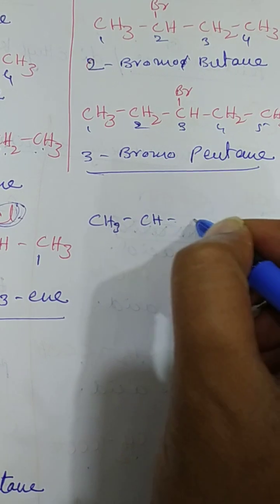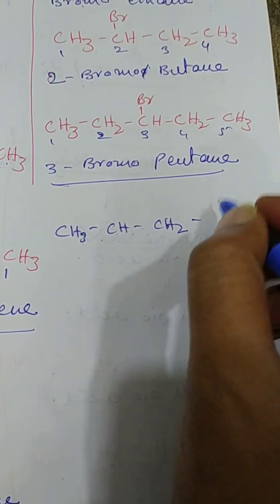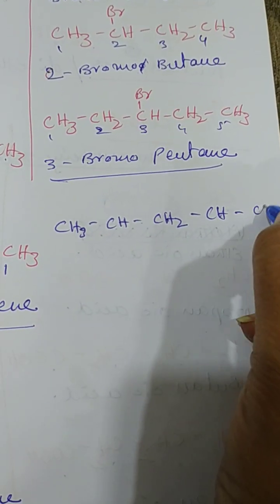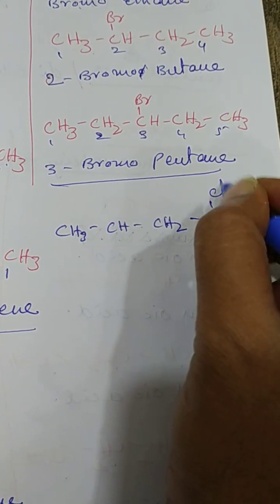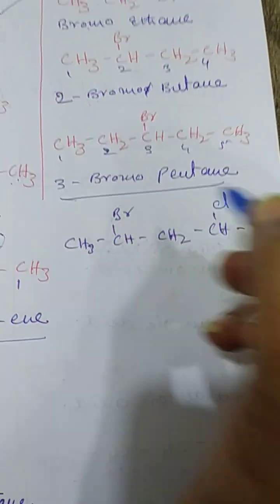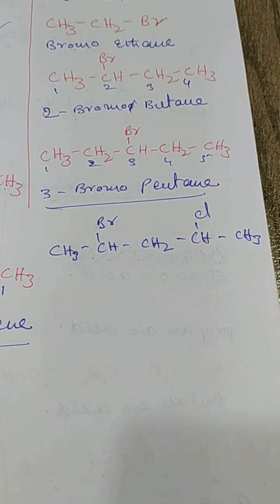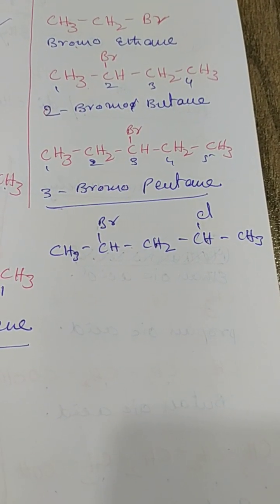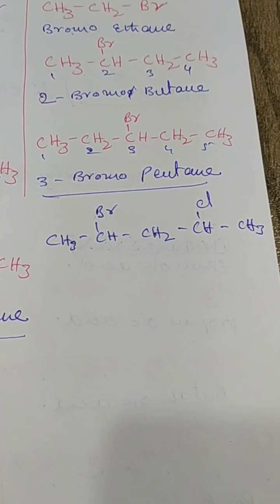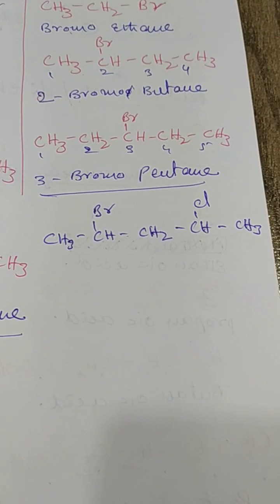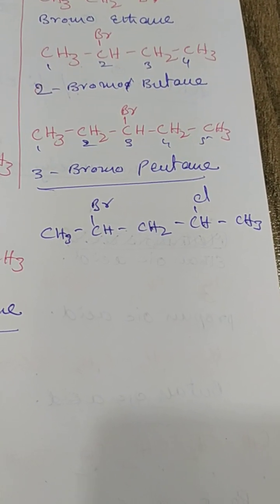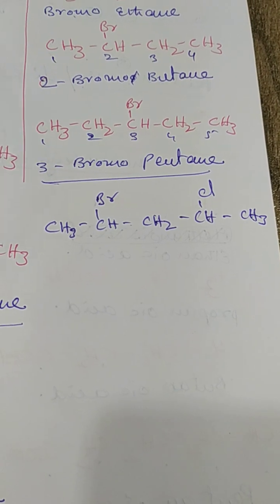In some cases they may ask a question like this. I am going to give you CH3, CH, CH2, CH, CH3, Cl, here it is Br. So you may ask me, sir, what is the numbering for this actually? Please take either number. Both are equal groups. Bromine and chlorine are equal groups. These are halogens and have equal priority.